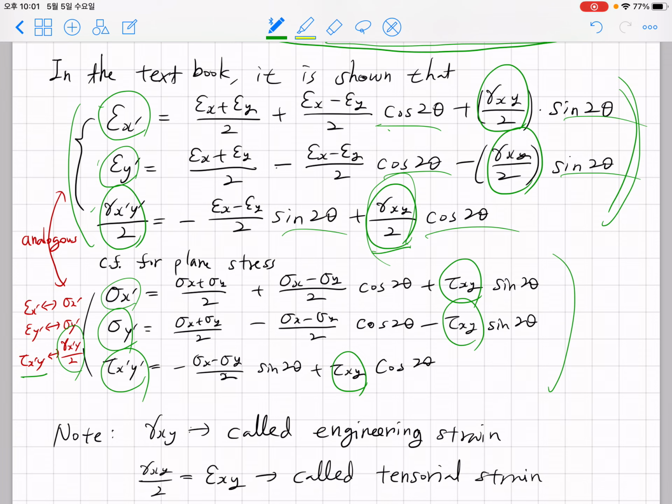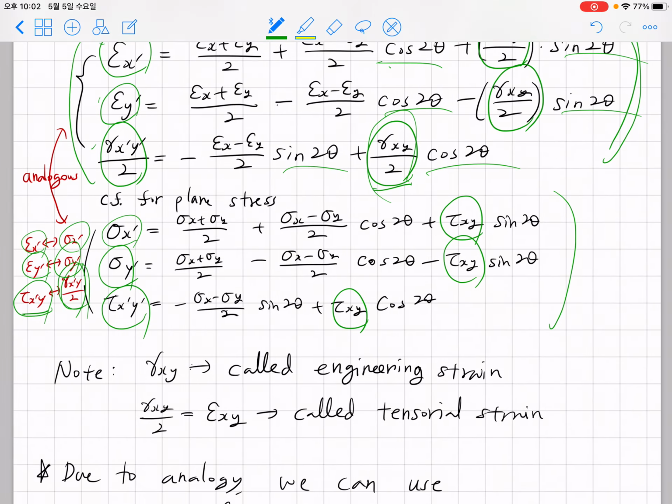So you can utilize the Mohr circle concept by replacing sigma x prime with epsilon x prime, sigma y prime with epsilon y prime, and tau x prime y prime with gamma x prime y prime divided by 2. Then you can simply utilize the Mohr circle concept.